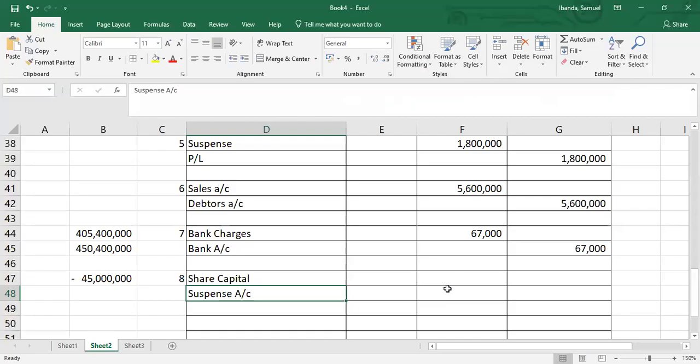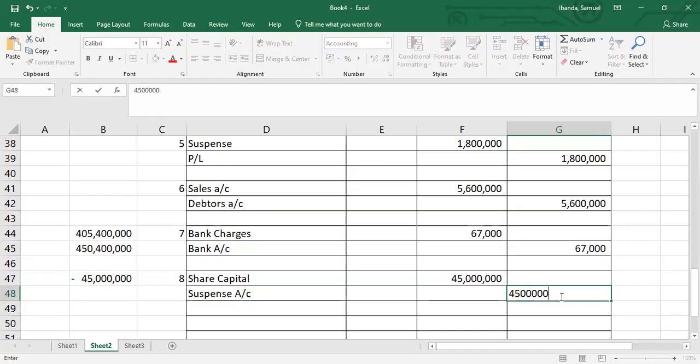So that's why I'll debit my share capital with 45 million, and I'll credit my suspense with 45 million. That is what I'll basically do.